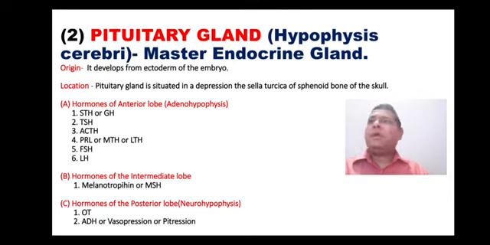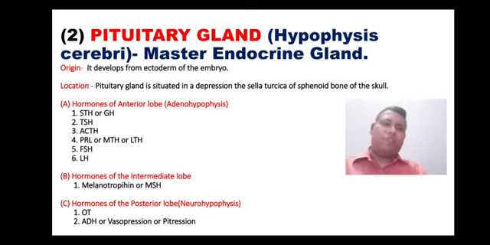It is located just below the hypothalamus, situated in a depression of the sella turcica of the sphenoid bone of the skull. The pituitary gland is the smallest endocrine gland. It is about 1.3 cm in diameter and weighs about half a gram.